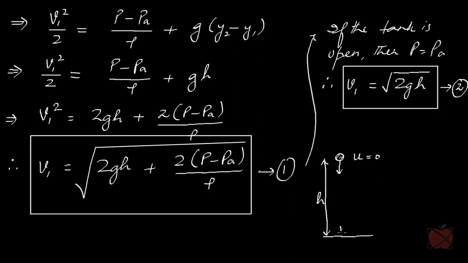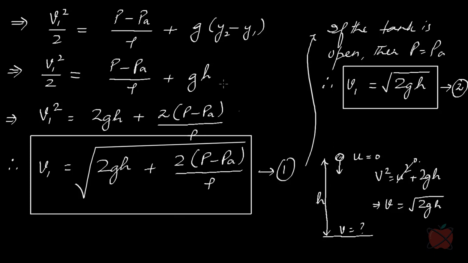What will be the velocity of this body just before reaching the ground? We use this formula, v square is equal to u square plus 2gh. Since it is falling from rest, u is 0, so v here will be root 2gh. You see here, the velocity of efflux is the same as the velocity of a body falling freely from a height equal to the depth of the orifice.